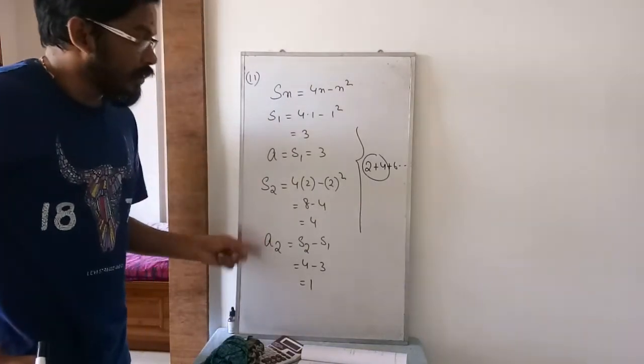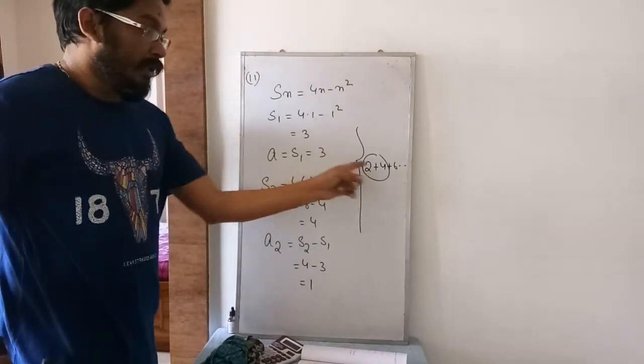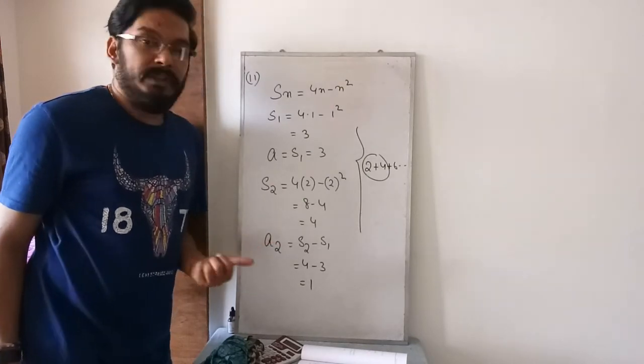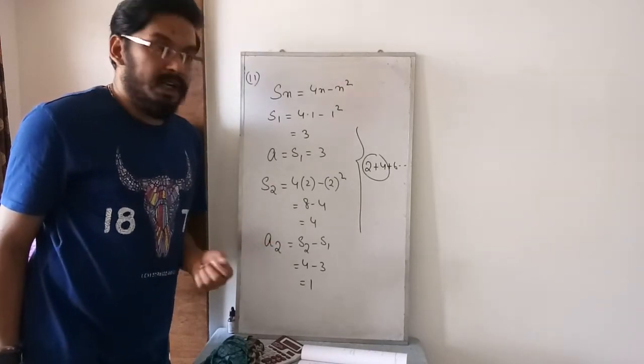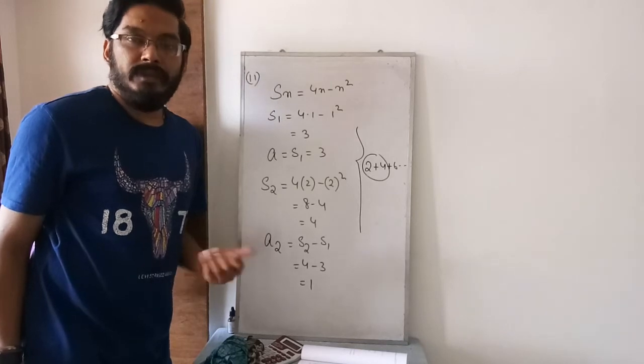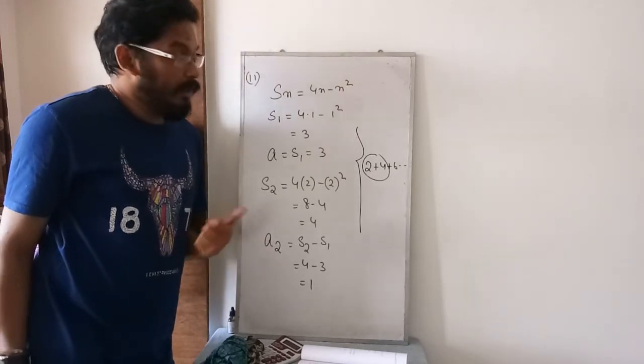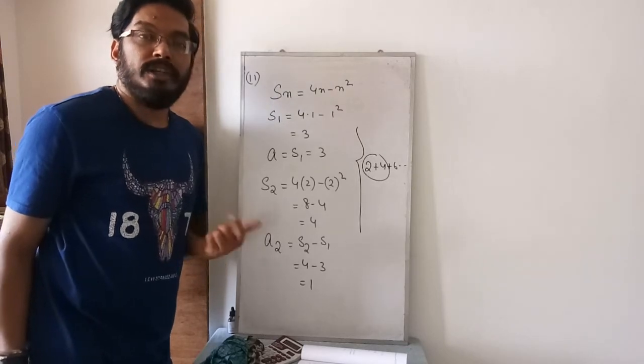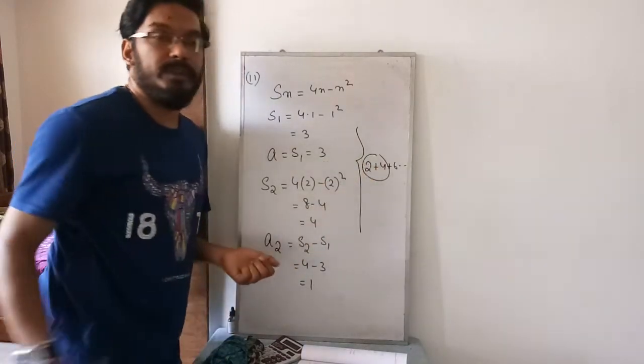So this is what is done here. I repeat again, this is an AP series. If I ask what is the first term, you will say 2. What is the second term? 4. What is the third term? 6. What is the sum of first term? 2. What is the sum of first two terms? You will add these two, 2 plus 4, 6.